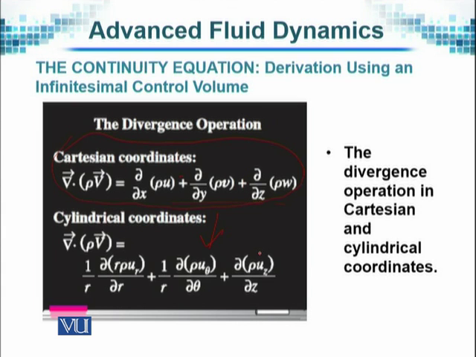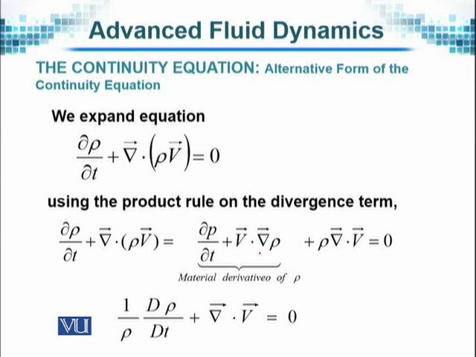For the divergence part, we have written this. So the equation that we obtained, if we expand it by using the divergence formula for vector quantities, is equivalent to the derivative of rho with respect to time as it is, but the divergence of rho times v will be equal to v dot gradient of rho plus rho times divergence of v.